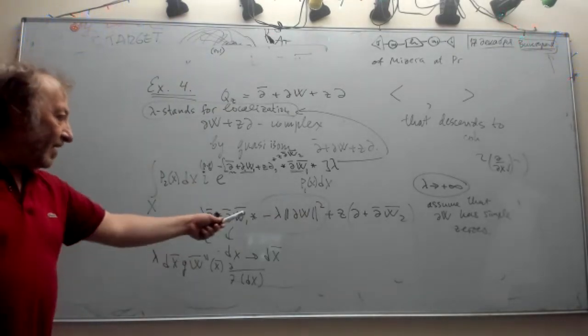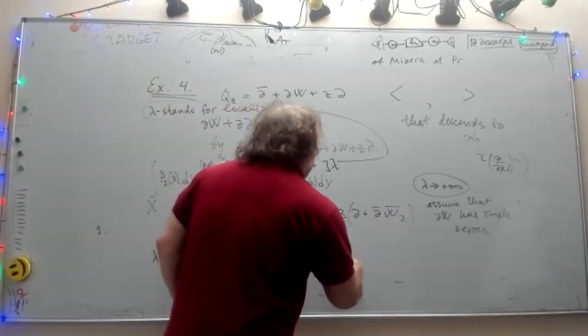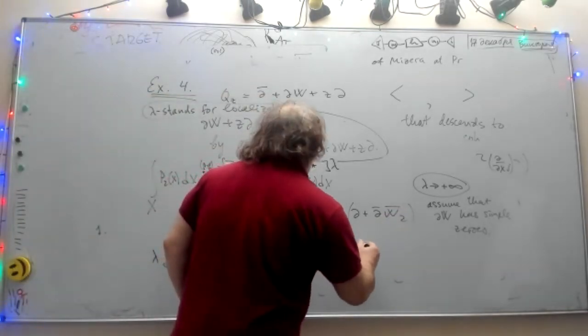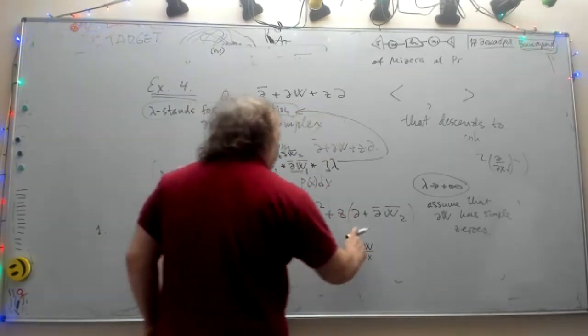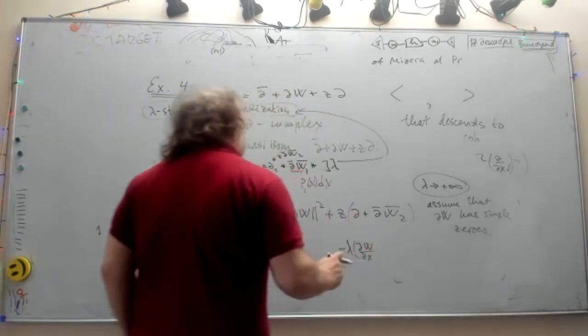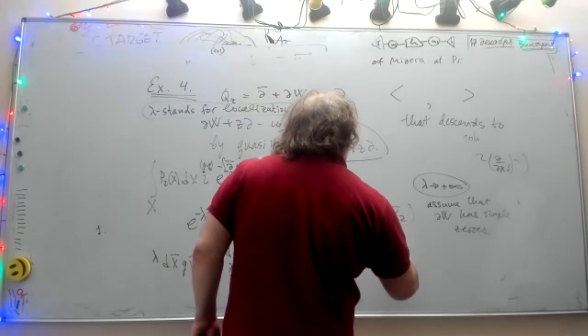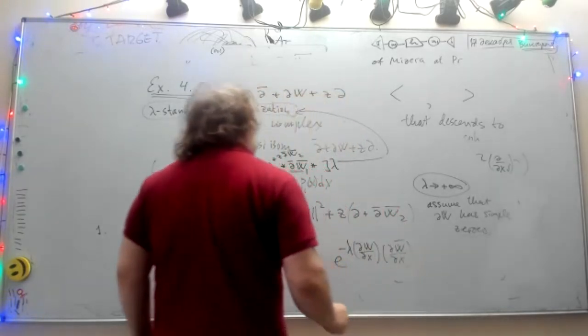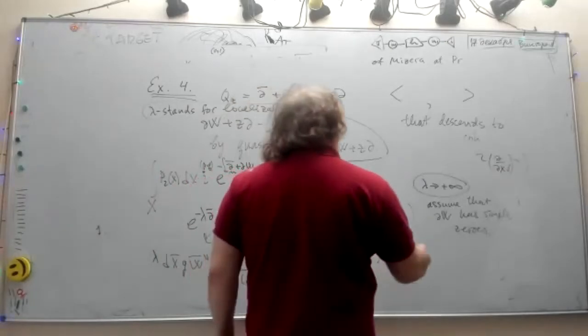Because then I can consider quadratic approximation. In this case, I have in the exponential dW over dx. So I need to consider the first derivative, dw bar over dx. And that's it.